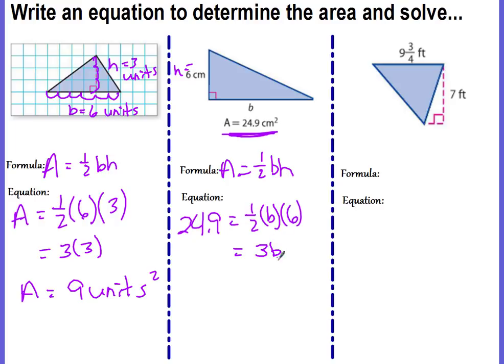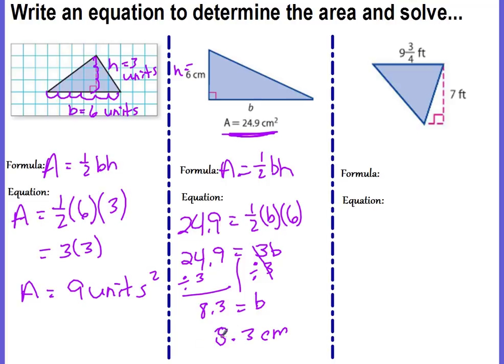Don't know what B is, it stays a B. And bring down my area. And now we solve it just like we do any equation. We're going to divide both sides by 3. And we're going to get 8.3 equals, and our 3's simplify to 1B, or just B. So our base is going to be 8.3 centimeters. It's not squared because it's only one dimensional. We're just looking for that one dimension.